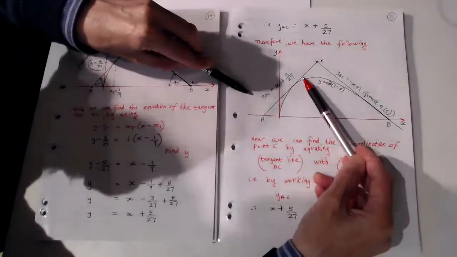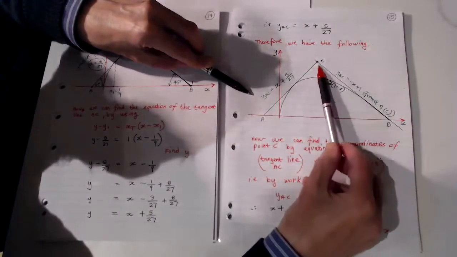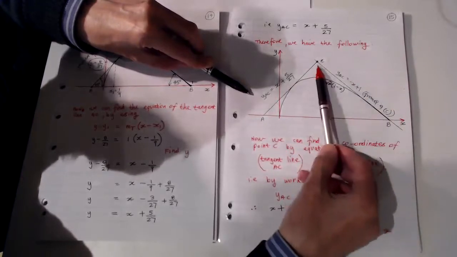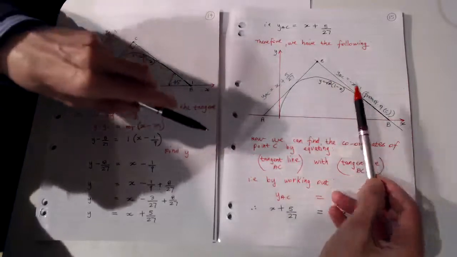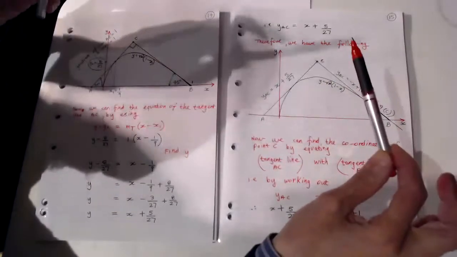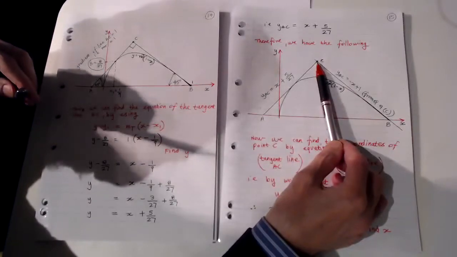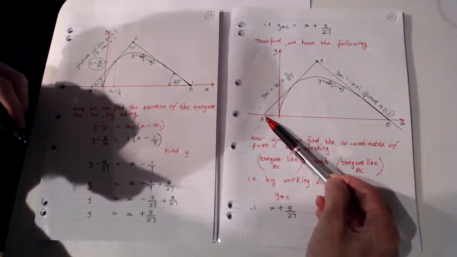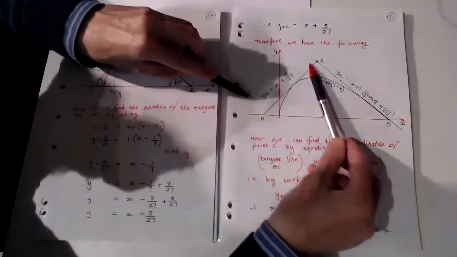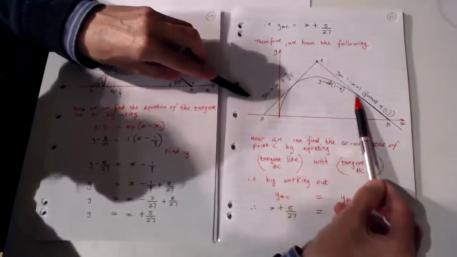From earlier calculations in question 9C, we know that the equation of the green tangent line BC is equal to -x plus 1. So as a result, we're in a position to work out the coordinates of point C. How? Well, by equating the equation of the green tangent line AC with the equation of the green tangent line BC.